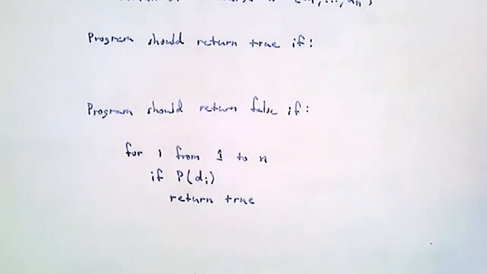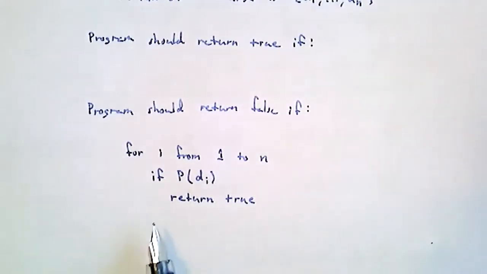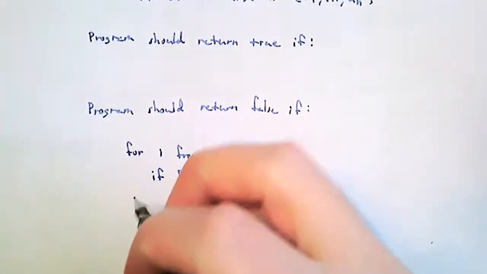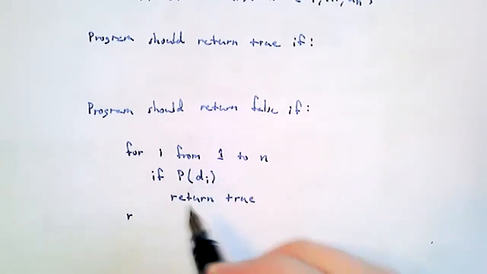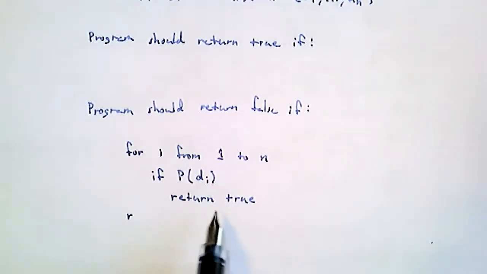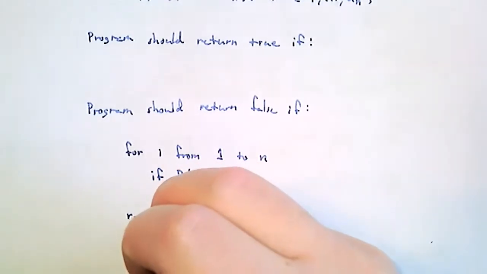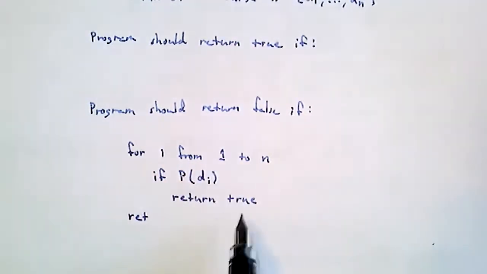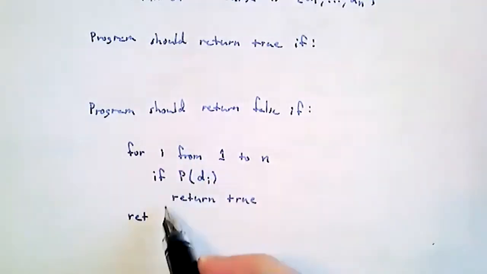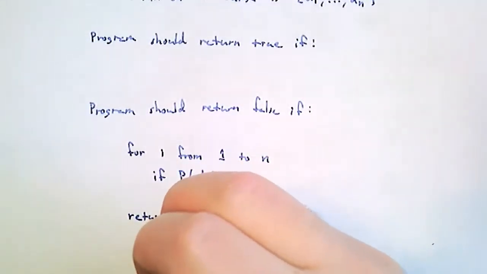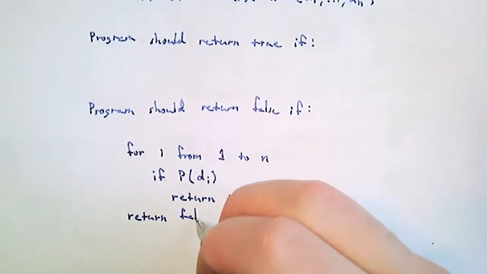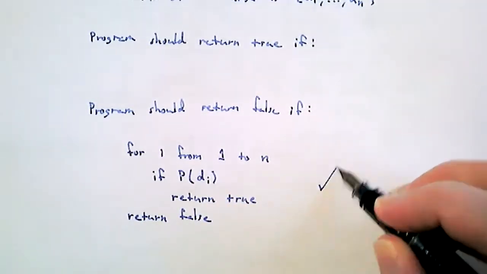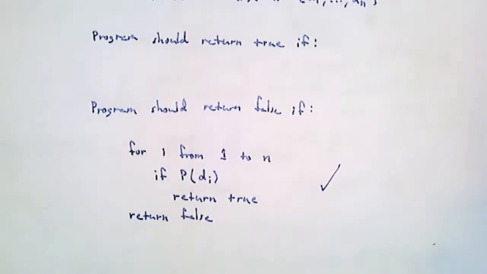So you can put your return false. I guess you could use an else statement, or you can actually just go outside of the for loop. So if you make it all the way through the for loop and you never get to the return, the end function line, if you never run that, then you'll get down to the end and then return false. Good. Yeah, that'll work.